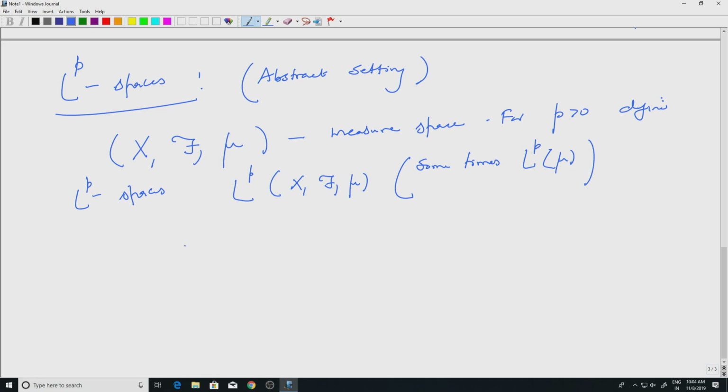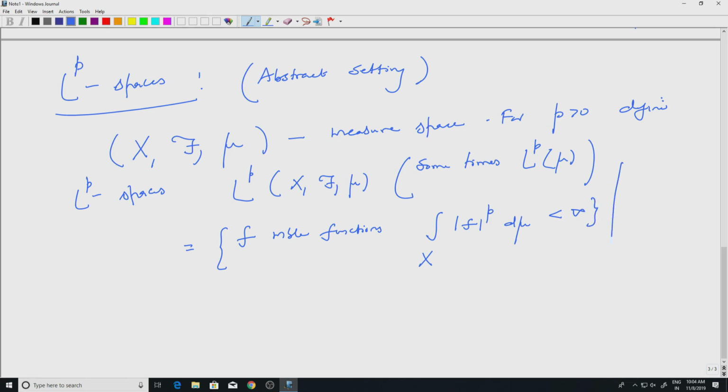Well, what is this? This is the collection of measurable complex valued functions whose p-th power is integrable. So you look at the integral over X of mod f to the p. So f is measurable, so mod f to the p is measurable, and I can integrate this against the measure mu, right, because everything is positive here, and you want this to be finite.